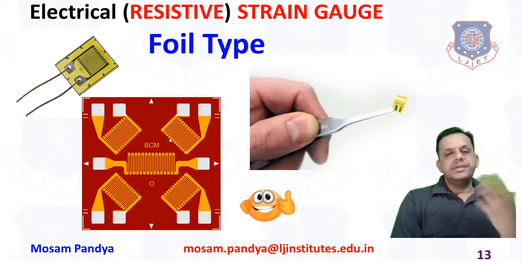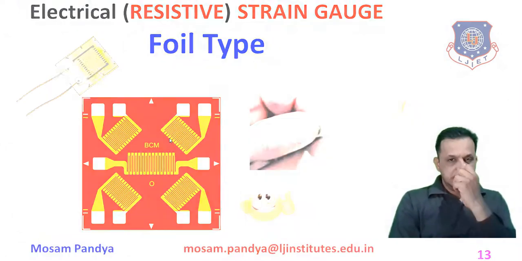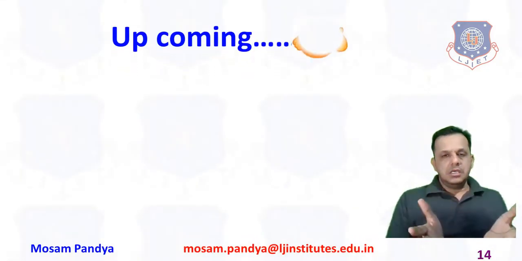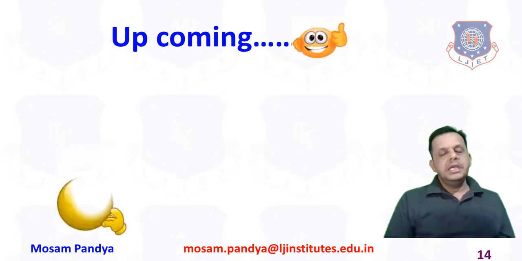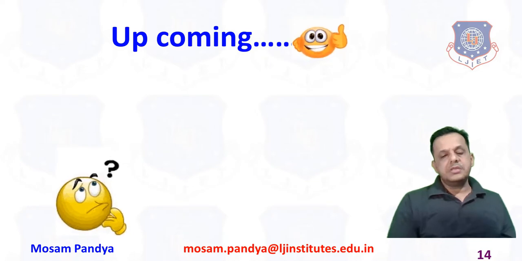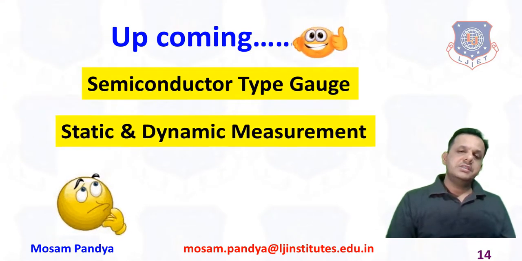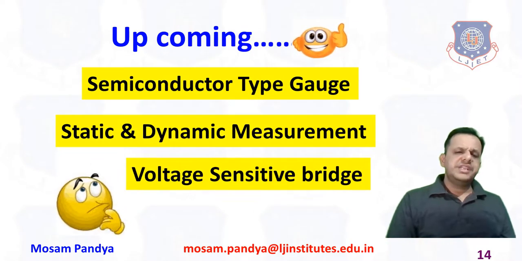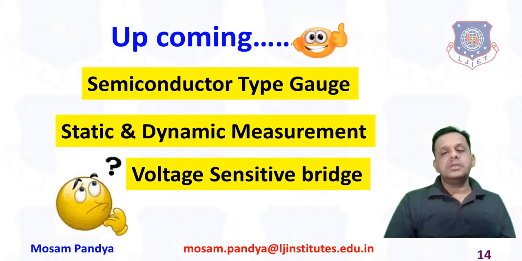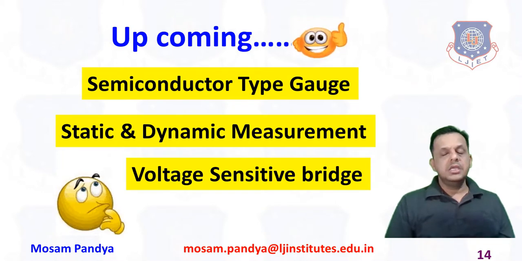So I hope you understand the wire wound and foil type strain gauge, and we will be closing our session for today. What will be the upcoming topics? The third type that we are going to see is the semiconductor type strain gauge, and some static and dynamic measurement with the help of the Wheatstone bridge, and one more important question which will be asked in the examination, the voltage sensitive bridge.